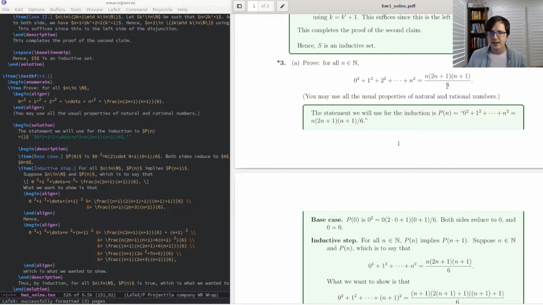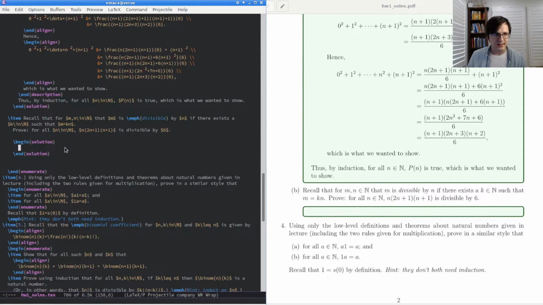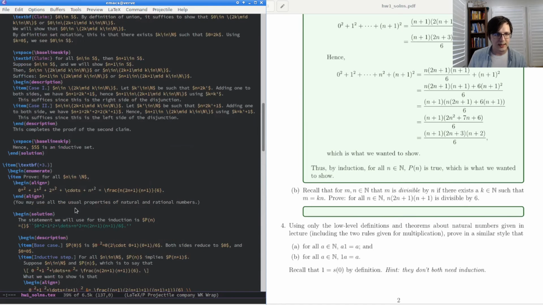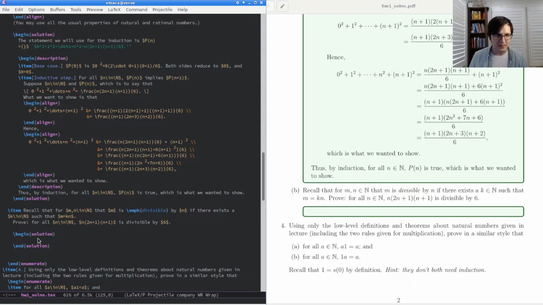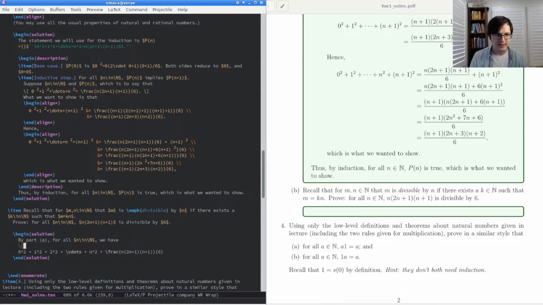And one thing that we can see is, okay, so I'll just write out what we can get out of this. And this is part B. By part A, for all n in N, we have that 6 times this quantity is this polynomial.